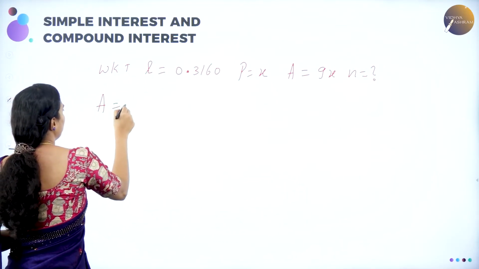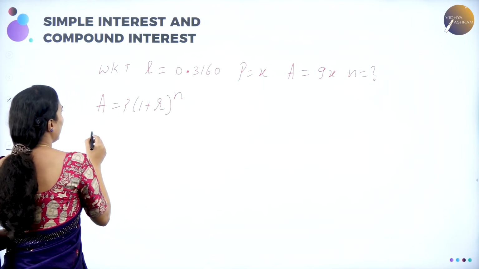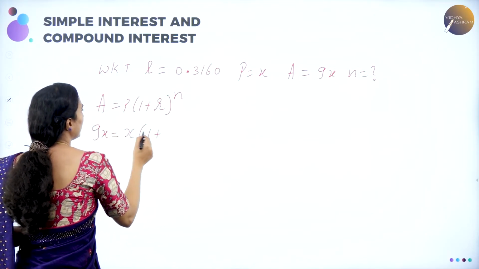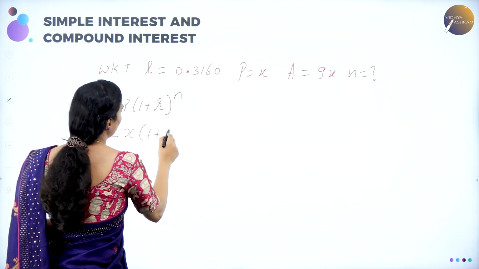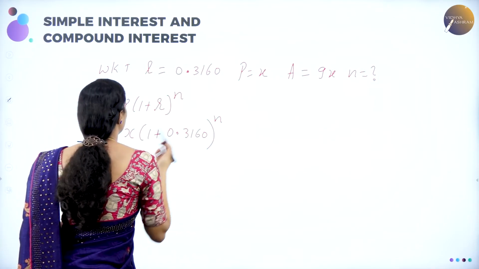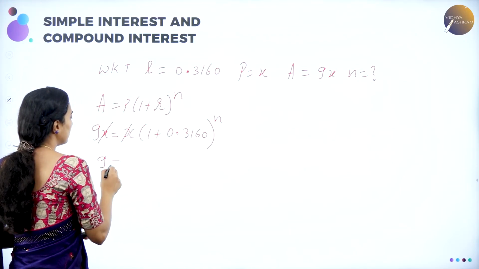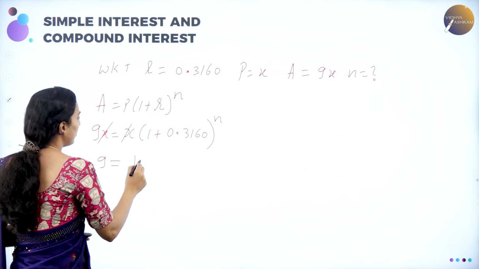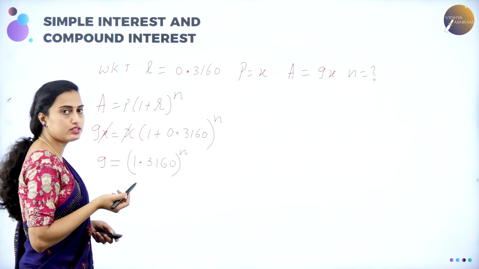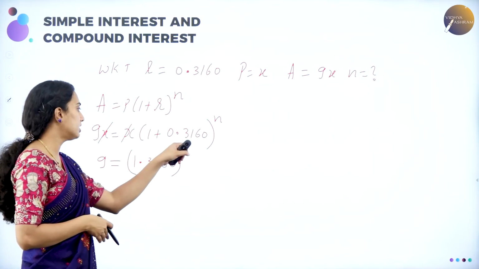A is equals to P into 1 plus R whole to the power of N. So A is nothing but 9x is equals to P is x into 1 plus R is nothing but 1.3160 to the power of N. We don't know. x x will get cancelled. You are going to remain with 9 is equals to 1.3160 whole to the power of N, isn't it? So now either you can use log table or you can take N to this side.